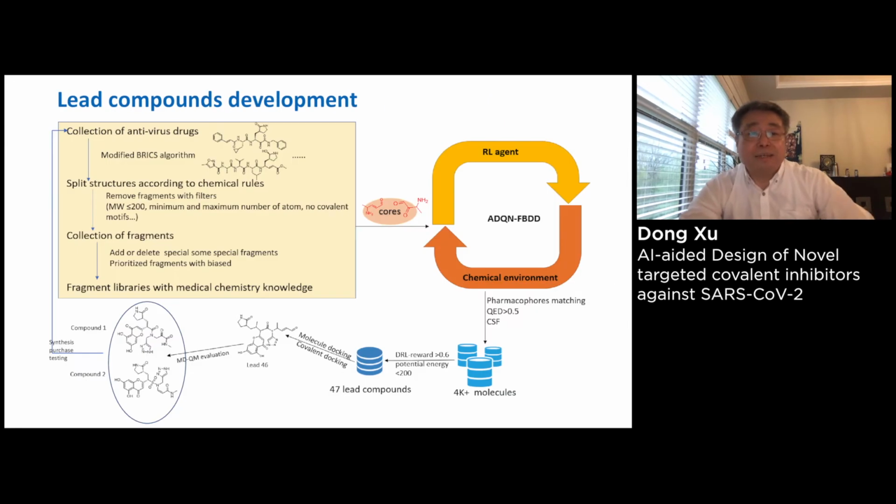And then the idea is that we have these initial molecules, we break them into small fragments. In our case, each fragment is less than 200 Dalton, so it's not too big. And then we can recombine these fragments through this library we generate by this reinforcement learning. And then we generate the chemical molecules as candidates.